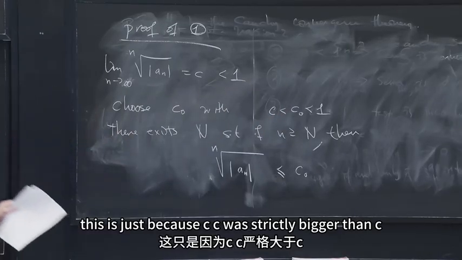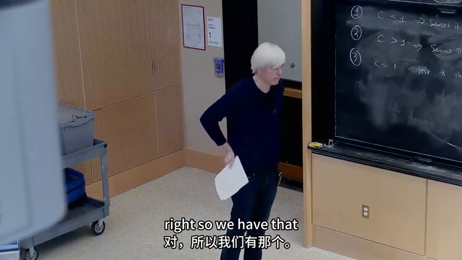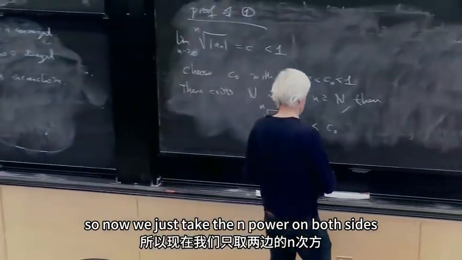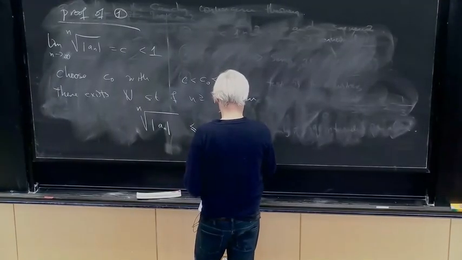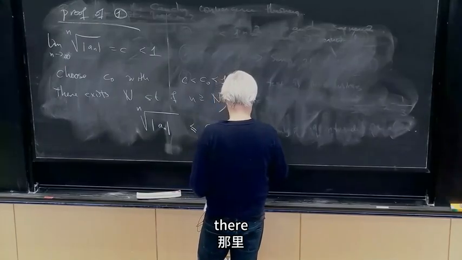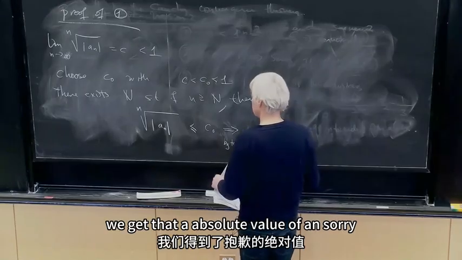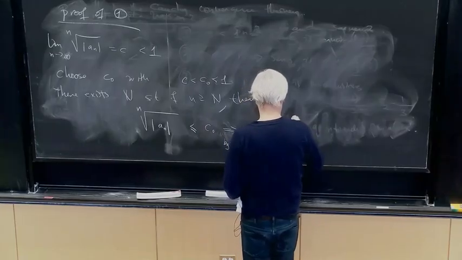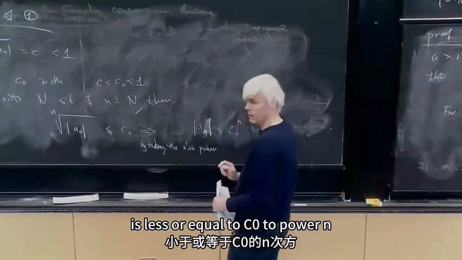This is just because C0 was strictly bigger than C. So now we just take the nth power on both sides. By taking the nth power, we get that the absolute value of a_n is less than or equal to C0 to the power n.